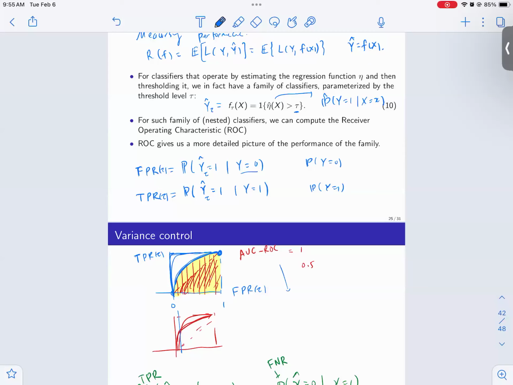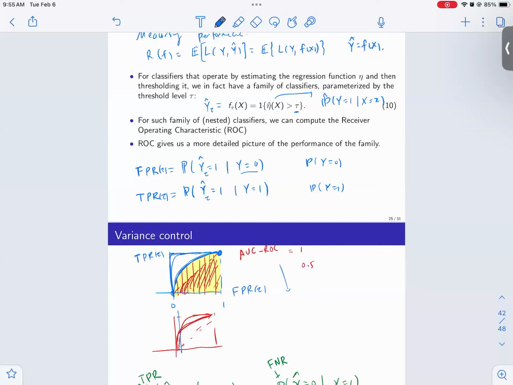Sometimes you have something which is in bijection, a one-to-one correspondence with the probability. For example, in a lot of neural network architectures, you output the logit, so the log of the probability divided by 1 minus the probability. That would be a real number. So we'll see that. Then you vary from negative infinity to infinity.